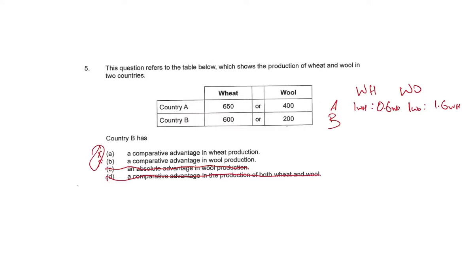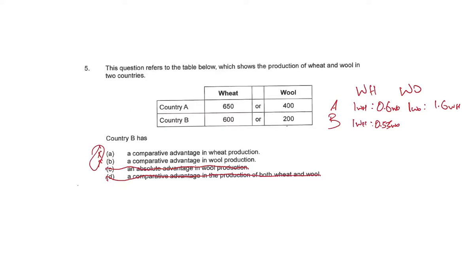If we take a look at country B now, I'm going to go through the exact same process. So country B, units of wheat, I'm going to divide by 600, which gives me 1 unit. Then I'm going to divide 200 by 600, which gives me a third. And just for the sake of keeping things consistent, I'll say 0.33 recurring.